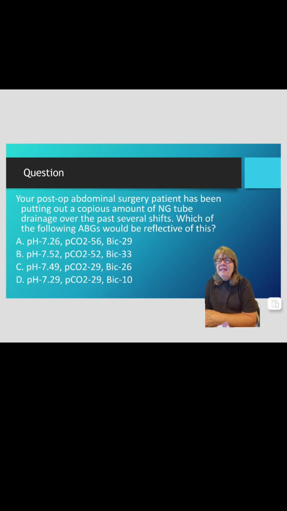It is clearly not a metabolic alkalosis. So the only answer that meets the criteria of a metabolic alkalosis, which this person would have after copious amounts of NG tube suctioning, is B, with a pH of 7.52, PCO2 of 52, and a bicarb of 33.